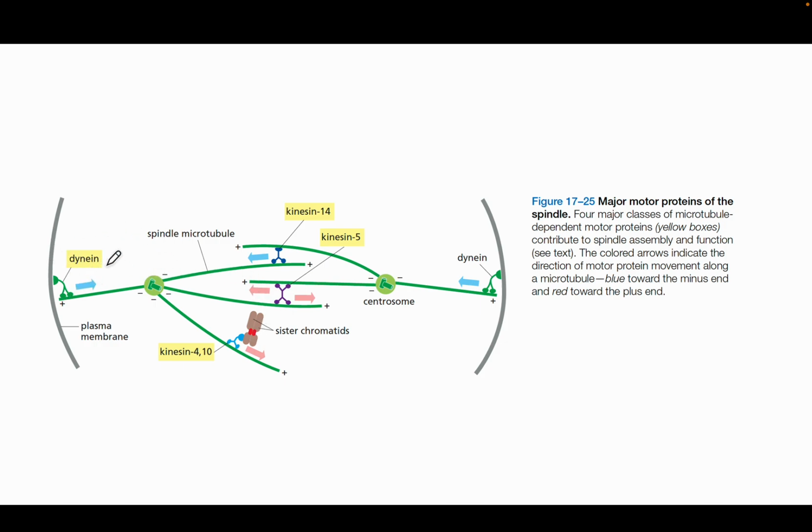Dynein is going towards this direction, kinesin 4 is going towards this direction, and kinesin 5 can work through both interpolar microtubules. And these are also dynein going from positive to negative.